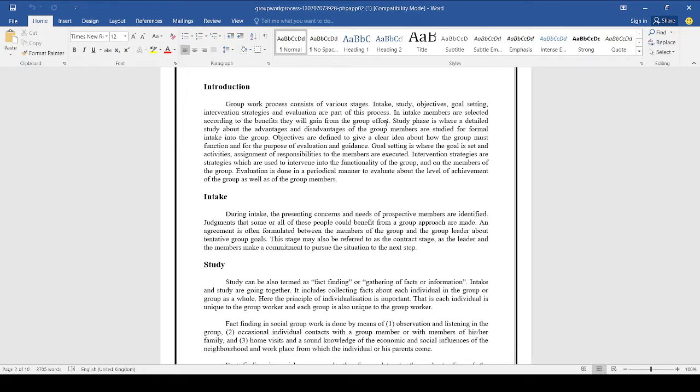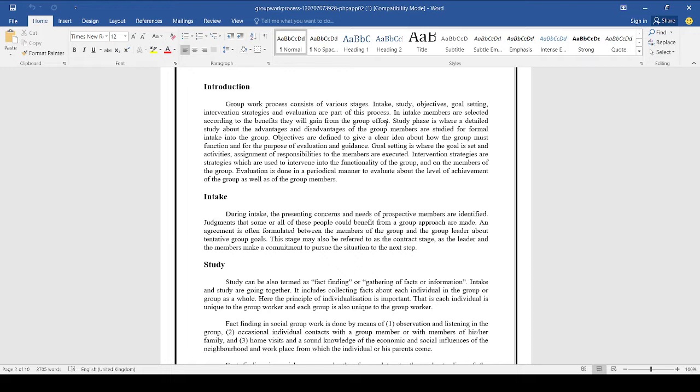And this process includes intake. That means the members are coming together, especially in a group setting, in an agency setting, or in a community setting. The group worker will study the group as a whole and the individual members of the group, and there are some objectives which should be formed for a group work setting.